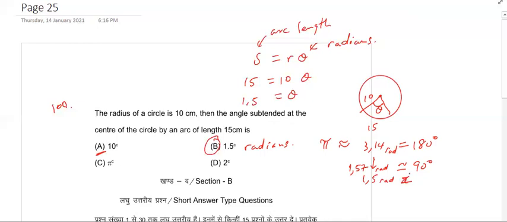So let's say it's actually less than 90 degrees. So it's almost close to 90 degrees. We should say it's about 85, 86 approximately. That's what 1.5 radians is.